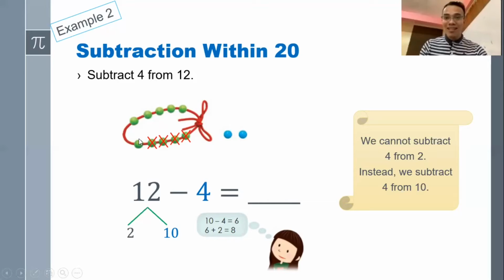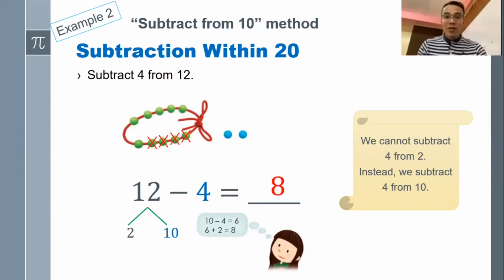What do we do next? 6 plus 2 is 8. Therefore, 12 minus 4 is 8. This method, grade 1, is what we call the subtract from 10 method.